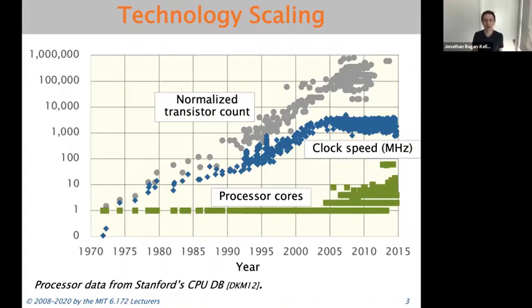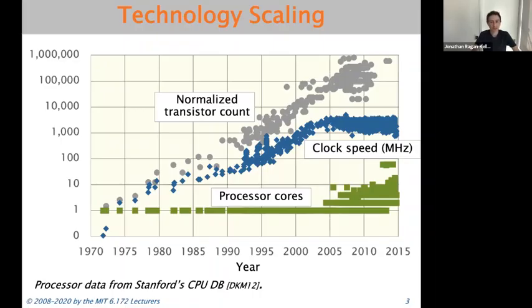So this graph shows data points for the transistor count, so basically the complexity or the amount of logic that we have, the clock speed in megahertz, and the number of independent processor cores for hundreds of commercial processor chips from the 1970s up to 2015.